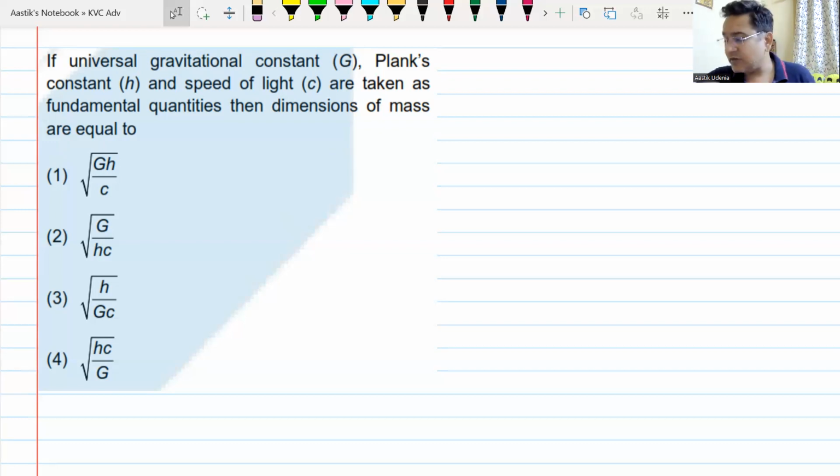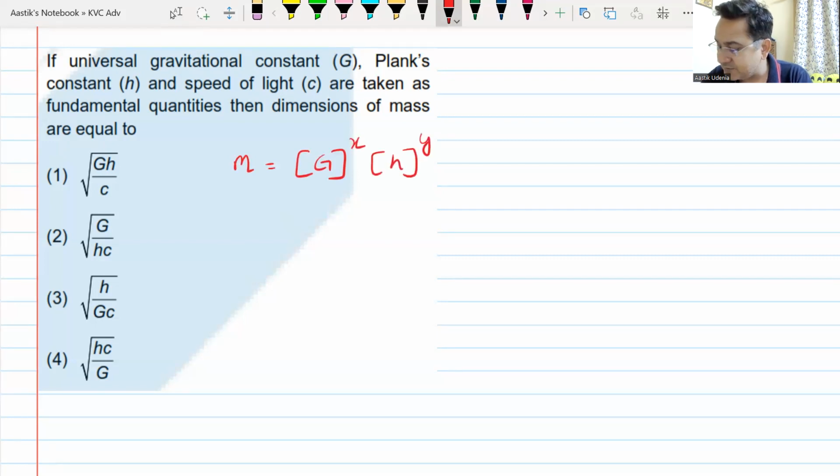Now, if I had to solve it in the original way, I would have written M equals G, the universal gravitational constant, raised to the power X, h raised to the power Y, and c raised to the power Z. Then I will put the dimensions of G, h and c, then I will get 3 equations. From there, I will get the value of X, Y, and Z.